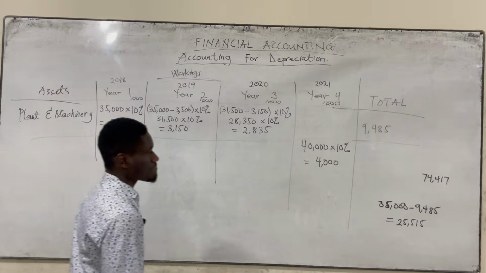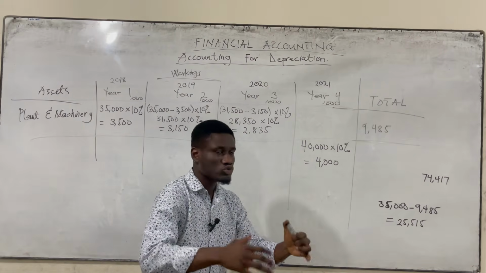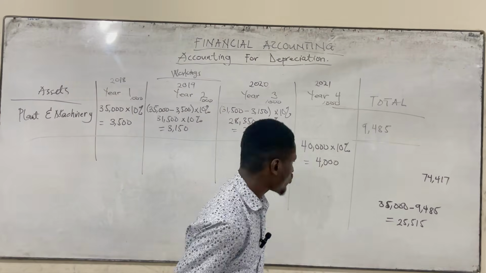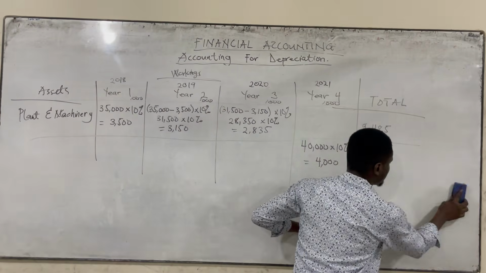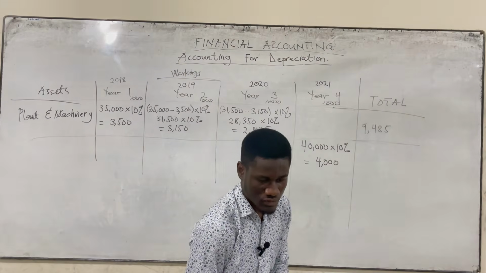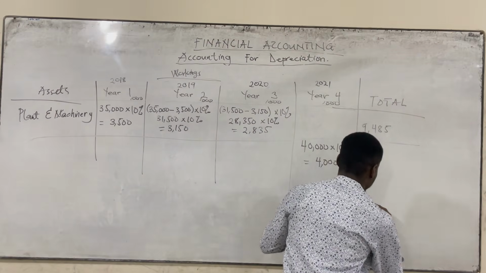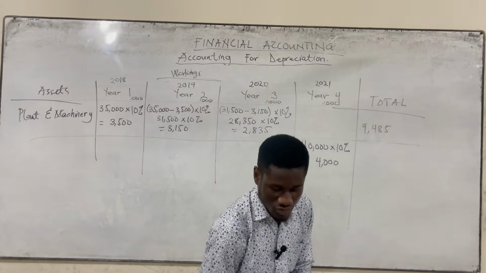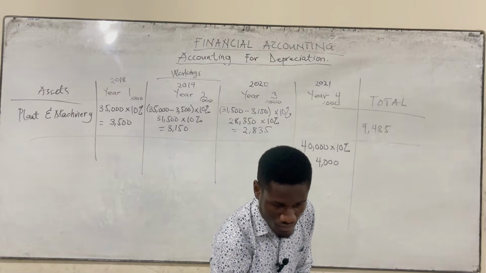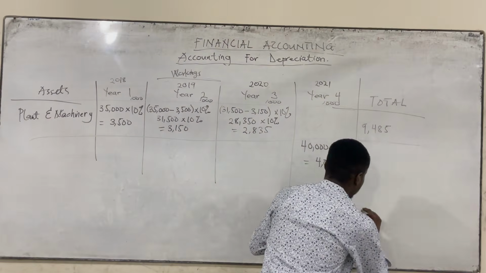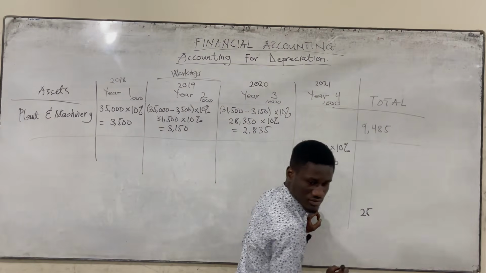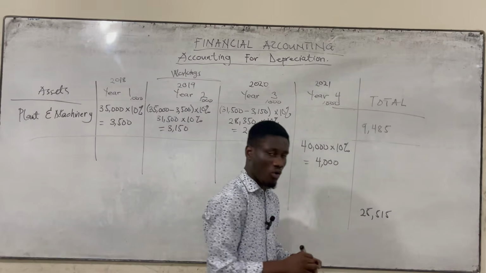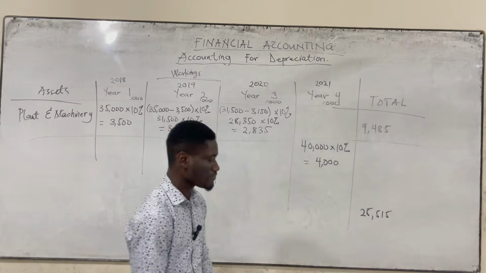So when we come here, if you want to know the actual net book value we have now, we are going to subtract our 35,000 from that 125. What net book value did we get for it? We had 25,515 as a net book value for the 35,000. Good.